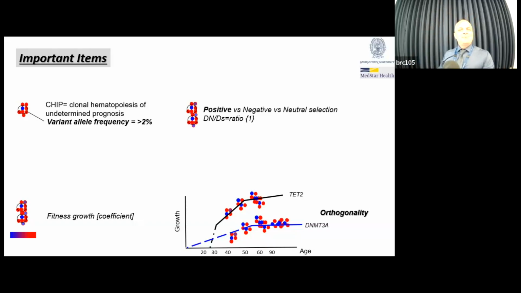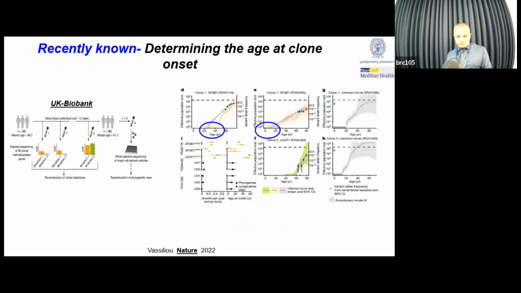And then we had to think again, Darwin principle. What is making those mutations potentially expand into hematologic malignancies? So here we have the work from the UK Biobank, and you can see sequential testing for 385 patients permitted orthogonality, right? This is the objective fact, the objective piece of the work.